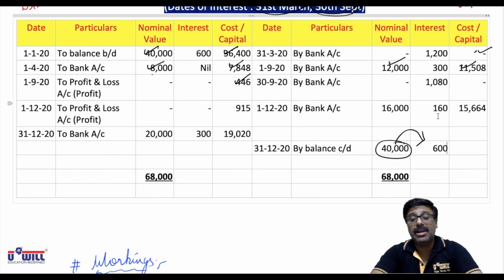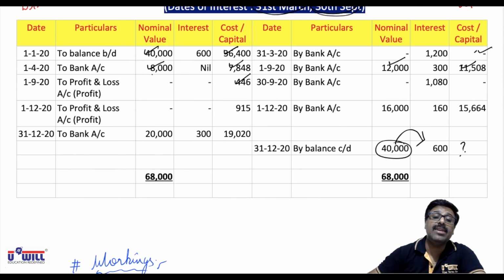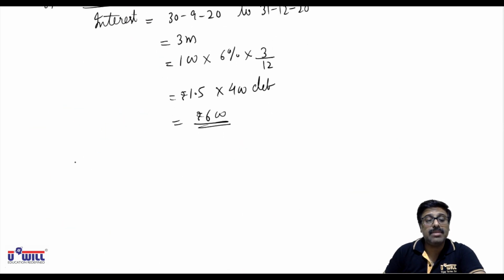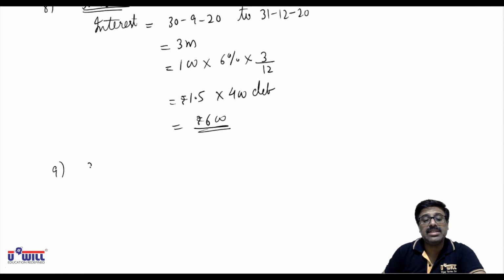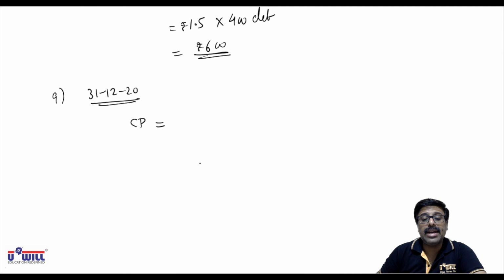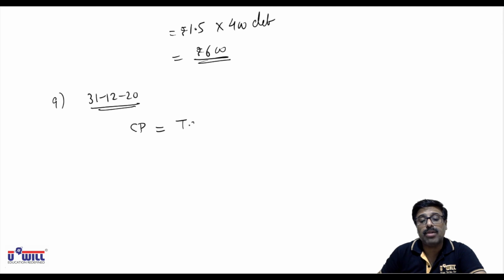Now cost or capital column. For cost or capital column, we discussed that we'll always record the investments at cost price or market price, whichever is less. So 9th workings will be done again on 31st December 2020 for calculating cost price or market price, whichever is less. What did I tell you? Cost price is total of debit side minus total of credit side. So do it everyone.